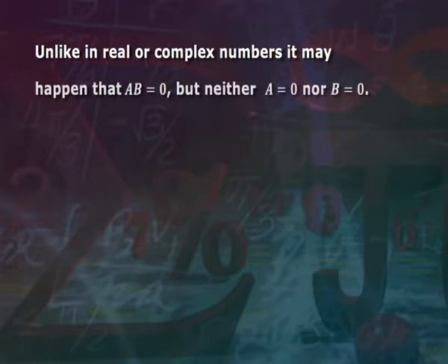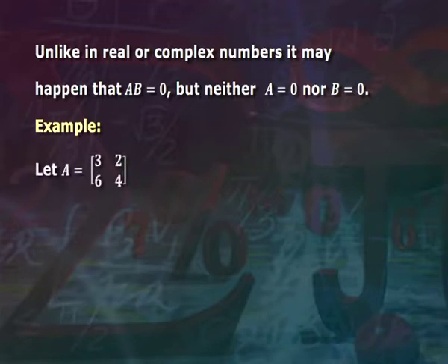Unlike in real or complex numbers, it may happen that AB equal to 0, but neither A is equal to 0 nor B equal to 0. Example, let A equal to [3, 2; 6, 4] and B equal to [2, -4; -3, 6].